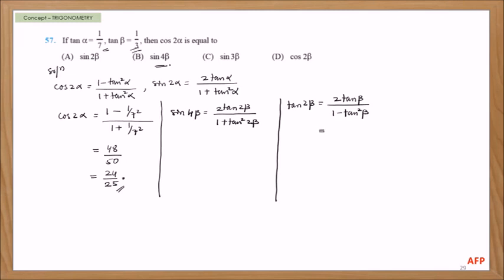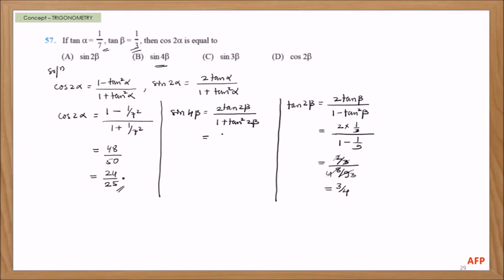So for the beta value, tan beta, 2 times 1 by 3 divided by 1 minus 1 by 9. If you take the LCM, what are you getting? 2 by 3 over 8 by 9. Cancel 3 times. So you take it to the numerator, and 2 also you can cancel, it is 4. So that is 3 by 4.